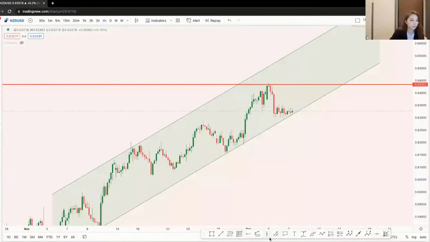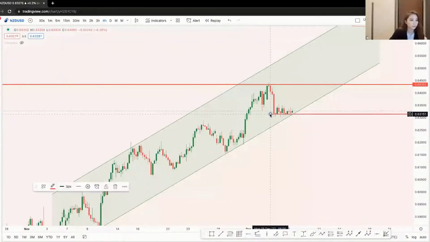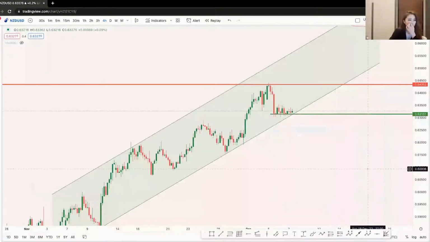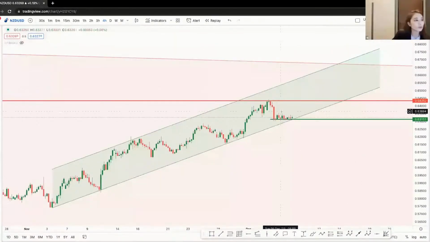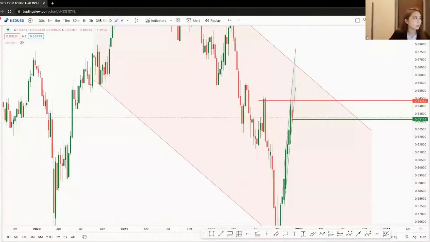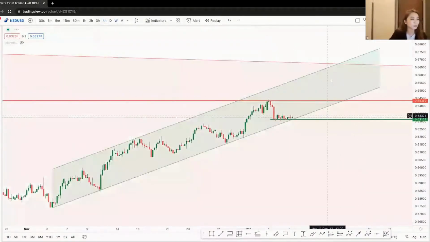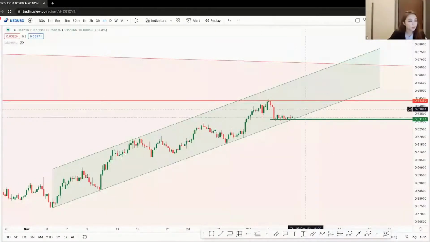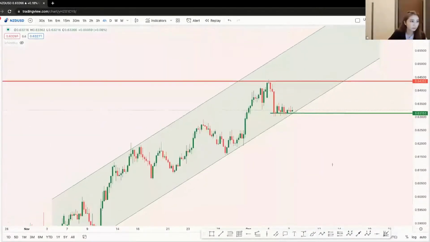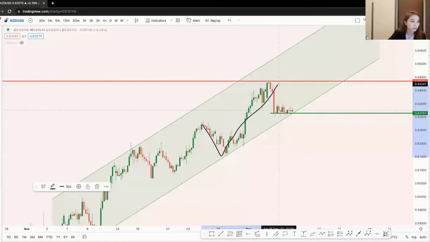So many touch points for this. I would say this could go both ways in terms of moving towards the resistance on the bigger time frame, like on the weekly, price actually moving past that and moving towards the bigger resistance of the downward channel. However, on the smaller time frame, we are looking at a short-term upward movement. There is a chance that this is a knee-jerk reaction in terms of this that we are seeing.